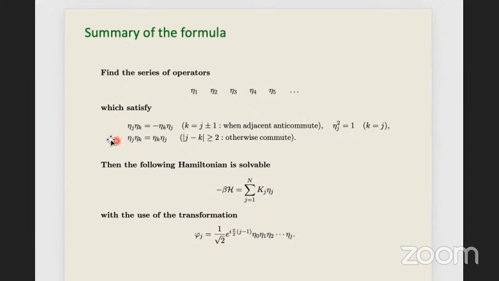So if you find the explicit form of eta j, then you can find the transformation. Maybe my question is not a very good one. I want to know, is it an easy process to determine those eta, or is it highly non-trivial from a given Hamiltonian to this decomposition into etas?